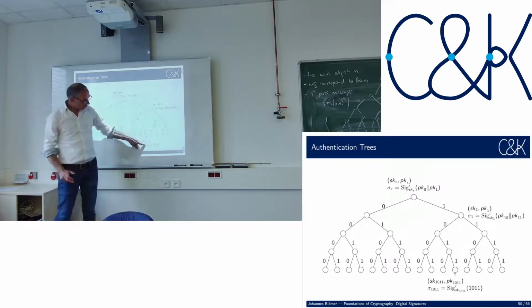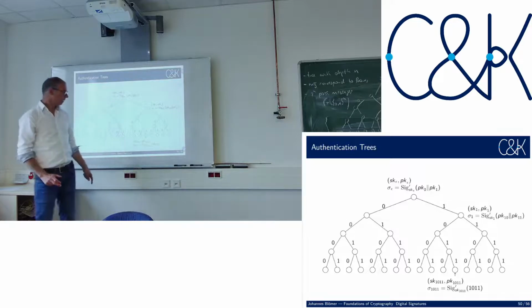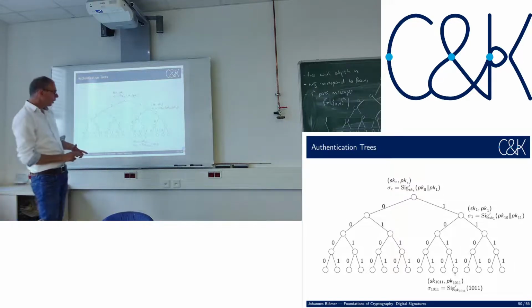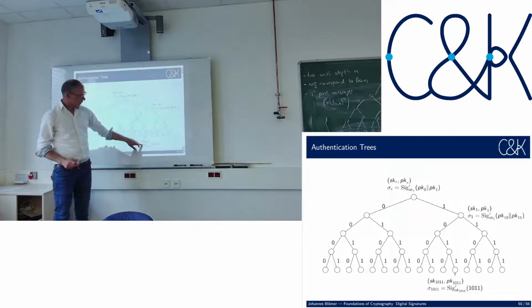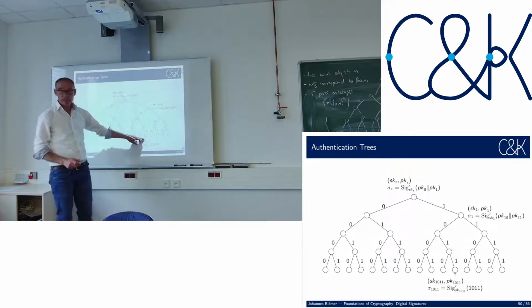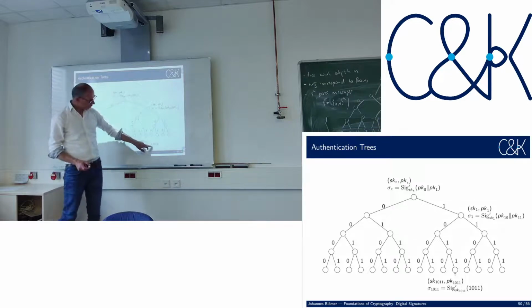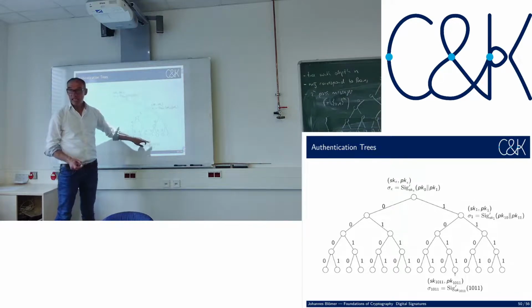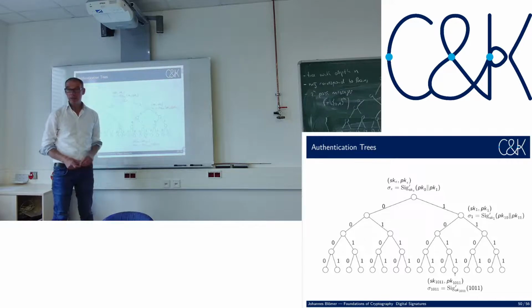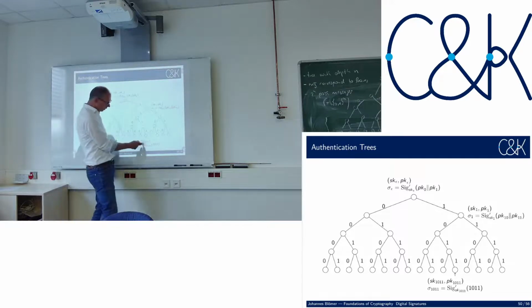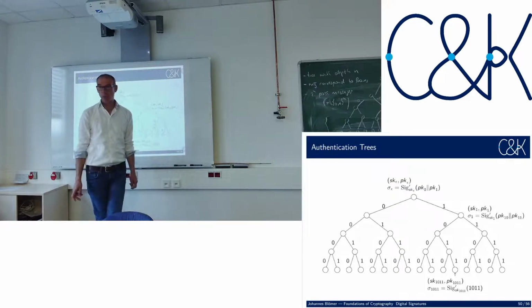The leaves contain the messages, and they also contain a secret-public key pair as well. But this guy here contains a secret-public key pair, and the signature it contains is the signature on the message, so on the index of that leaf. So here 1011, PK 1011, and it signs this message 1011.